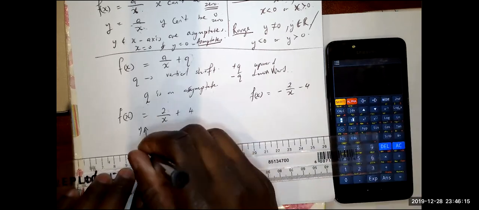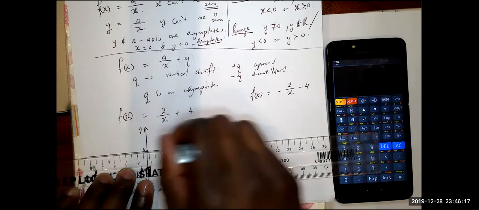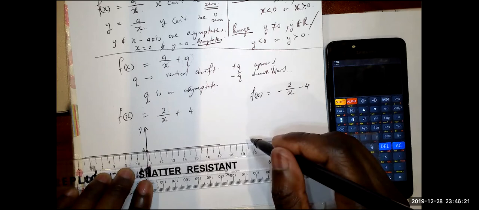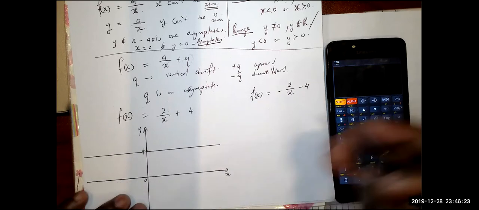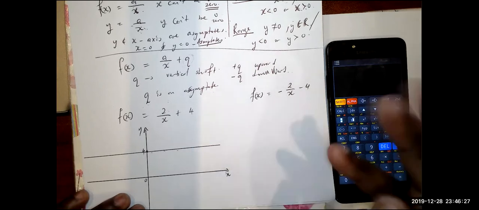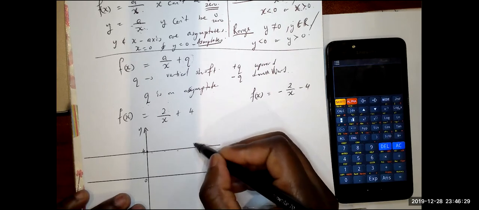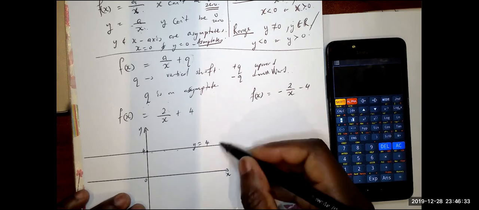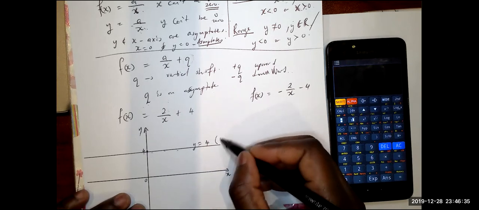That's the point of your asymptote, or we're supposed to draw it with dotted lines, but it's fine. That's y equal to 4, and this one is the asymptote.